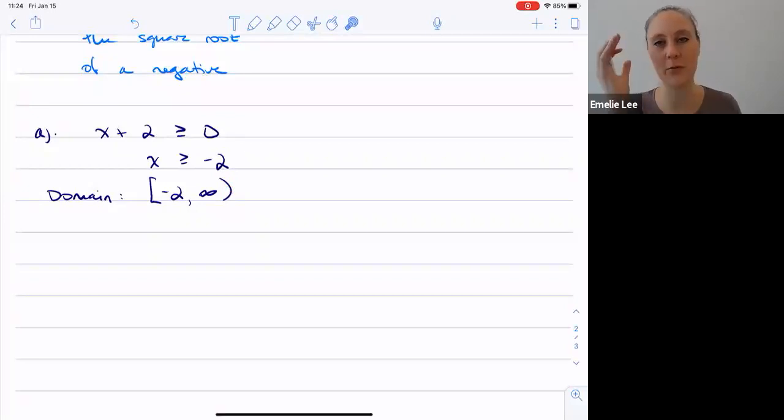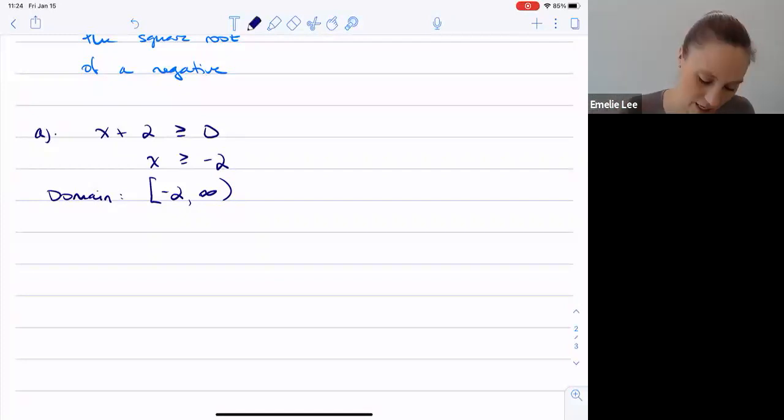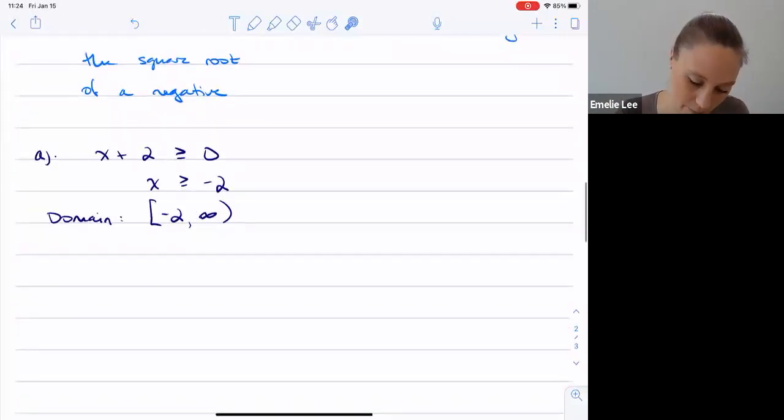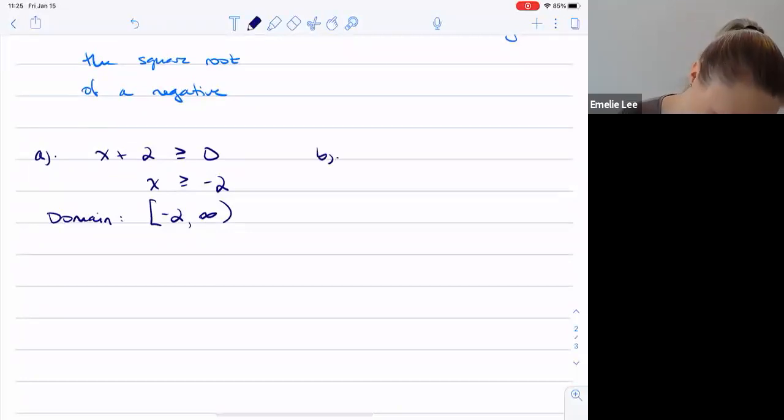So you have to have round brackets around infinity always. And that goes for negative infinity as well. Because we can't actually ever get to infinity, it's just an idea. So this would be our interval notation for the domain of A. Let's do B.